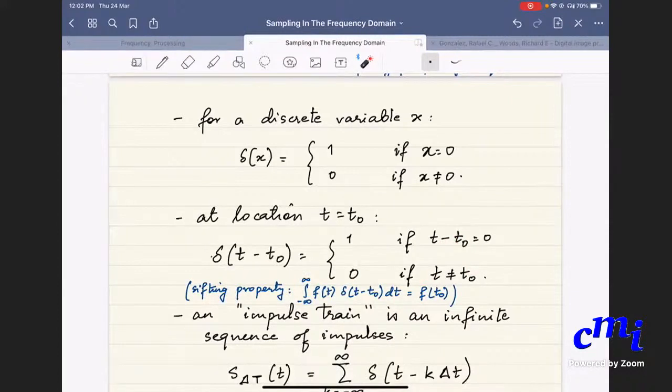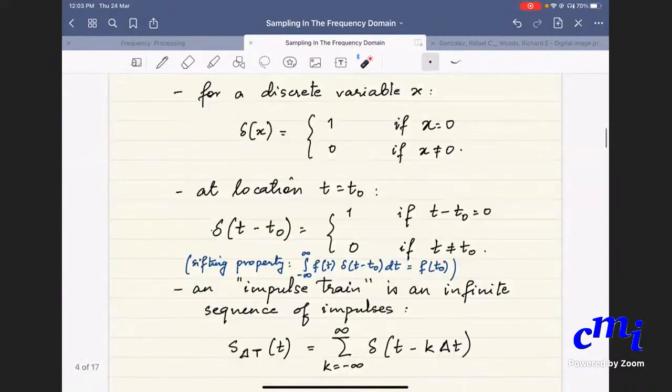Then this will have the shifting property that the integral of f(t) delta(t minus t naught) will pull out the value of the function at t naught. This is the shifting property of this impulse function, and that is why they are important. Later also we will see that they come into play.